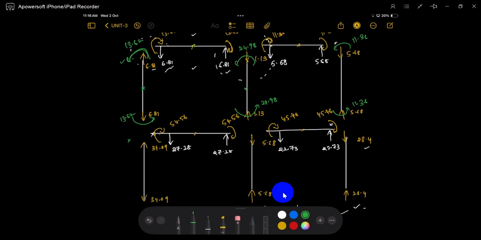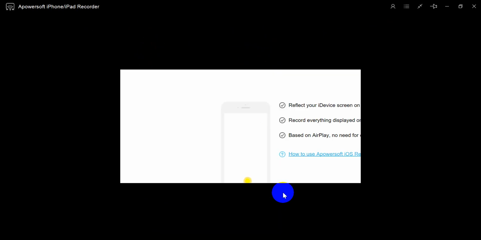Next, 54.56 is clockwise, 45.46 is clockwise, 24.98 is anti-clockwise, so the remaining is 75.04 anti-clockwise. Now comes to here: 45.46 anti-clockwise, 11.36 anti-clockwise.